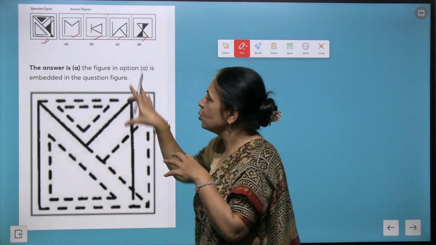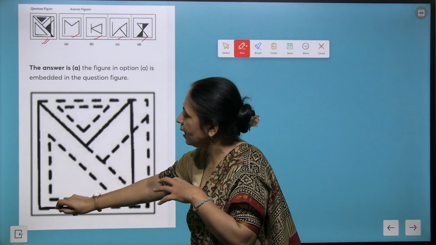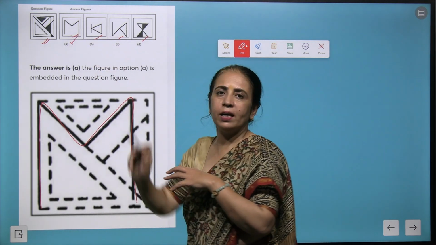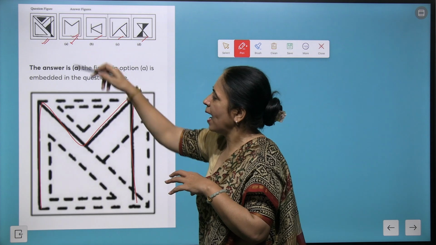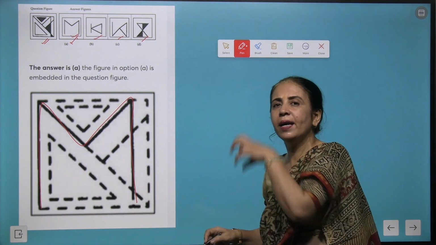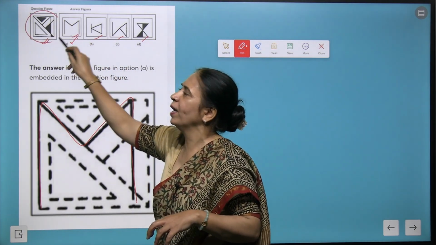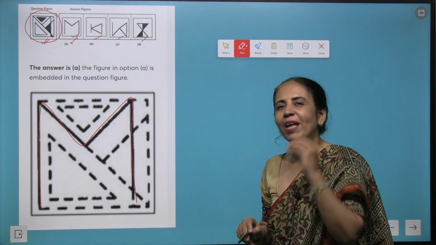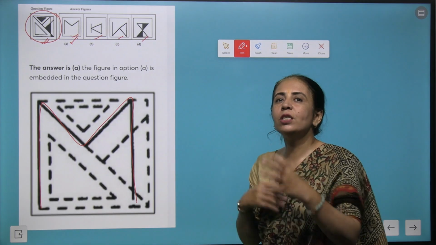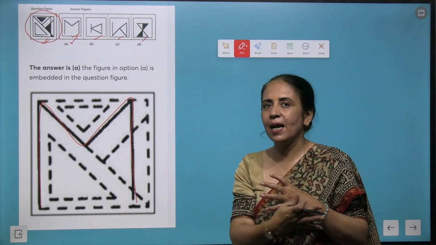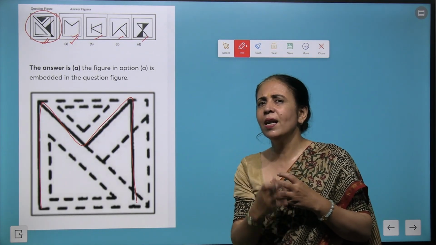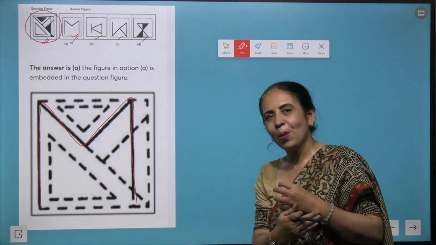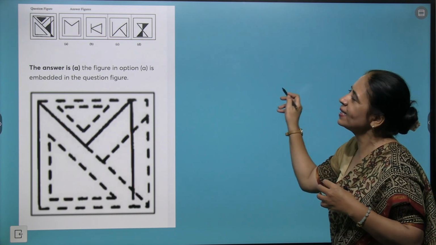So if you just zoom it out, we could see that this M formed is the first figure, the A part, and this exactly is embedded inside the main figure, right? So we say A is the right option. So very interesting questions which require your mental exercise, and whenever you do mental drill, it makes your mind sharper. Yes. So are you ready to move ahead with more examples?